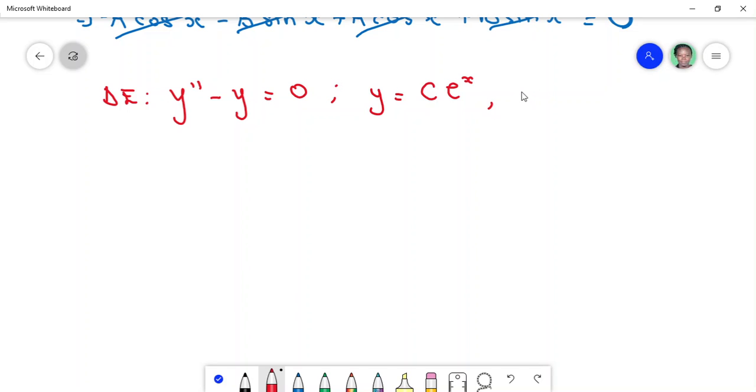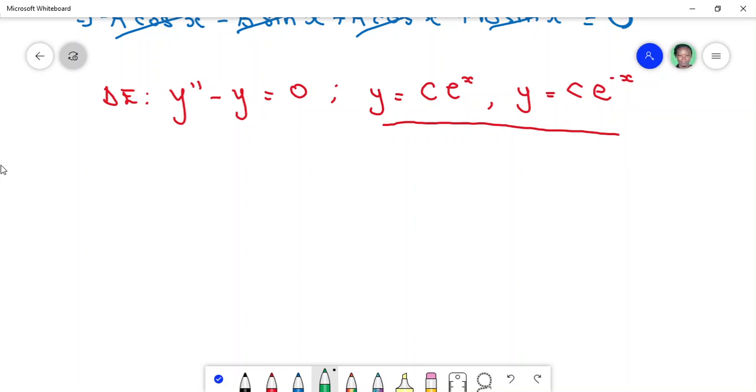Then let's also give you the function y equals a constant c e to the power minus x. Let's check whether these two functions are a solution to the differential equation. So how can we go about it?